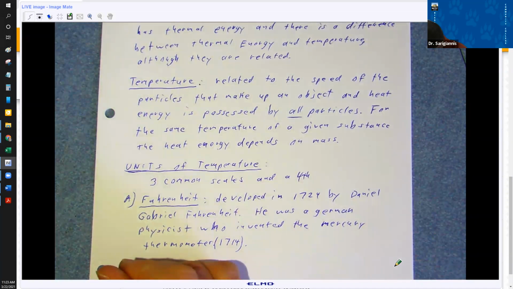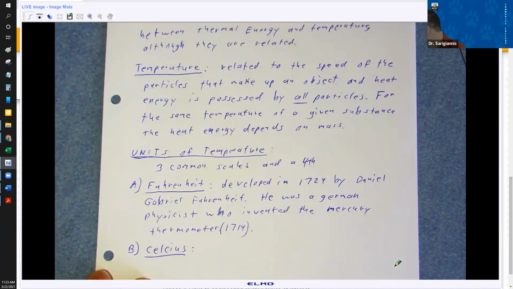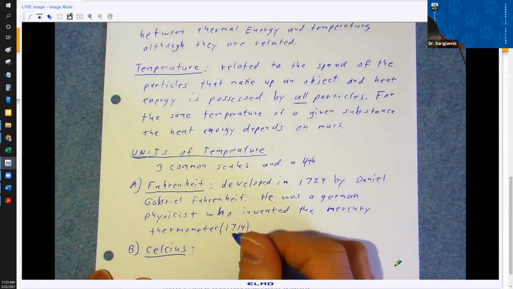I don't know if I can fit Celsius, but I can start Celsius. This was invented by Anders Celsius.